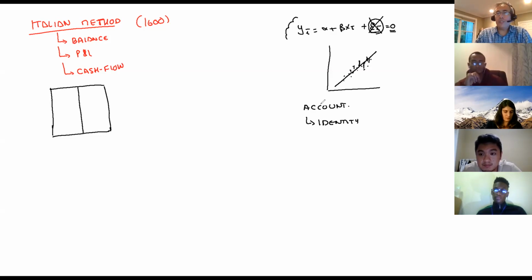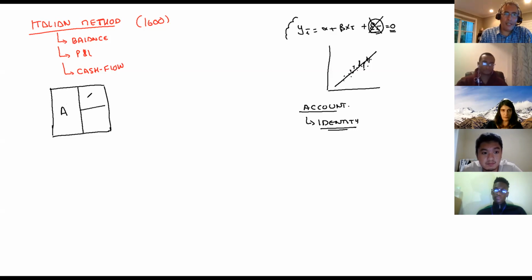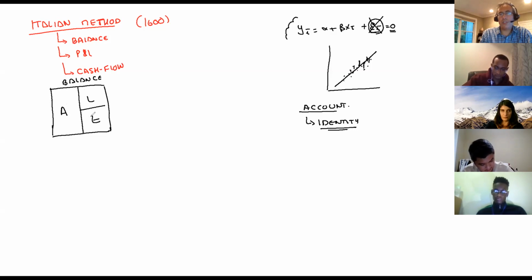So, and what is that? The only trick in accounting, guys, is what is this identity? Where do I get an identity in accounting? Very simple. Remember my balance. You remember that? It was assets, liabilities, and shareholders' equity. Agree with me? Now, what is my identity?